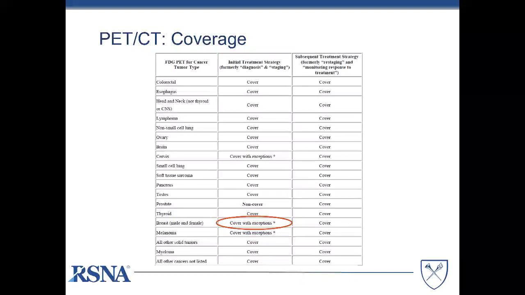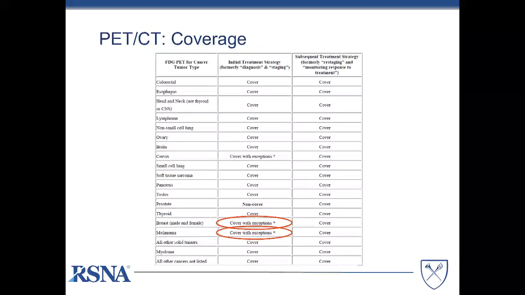PET CT is not covered for the initial diagnosis and/or staging of axillary lymph nodes in breast cancer. However, it is covered for initial staging of metastatic disease for breast cancer. In other words, you do not need to get a PET CT to determine involvement of the axillary nodes in a patient with newly diagnosed breast cancer.